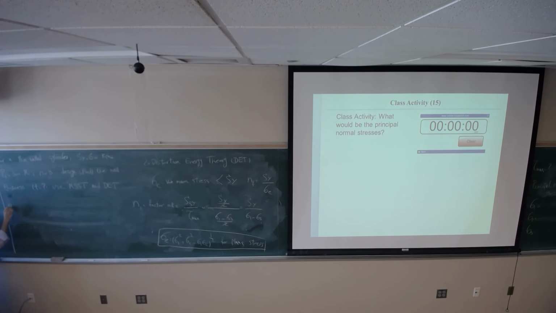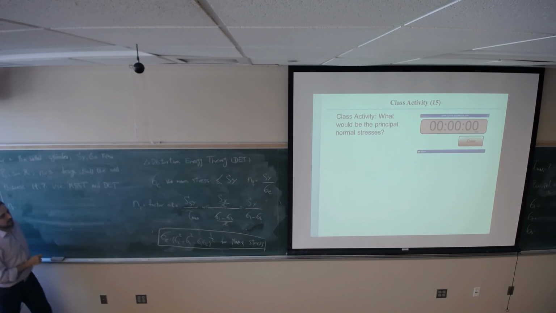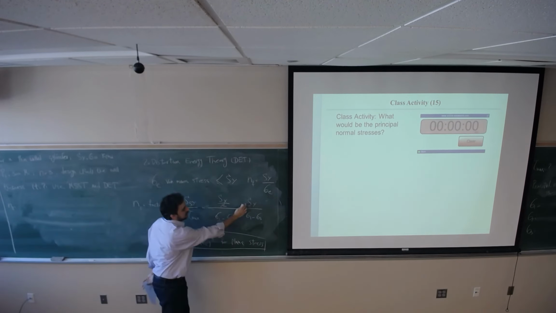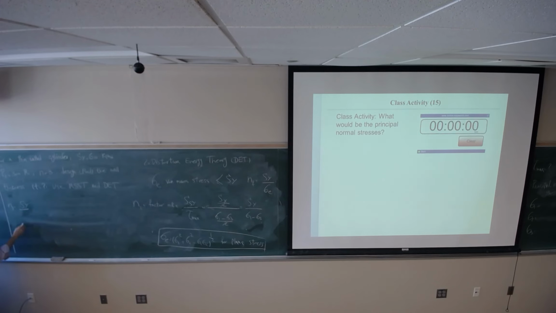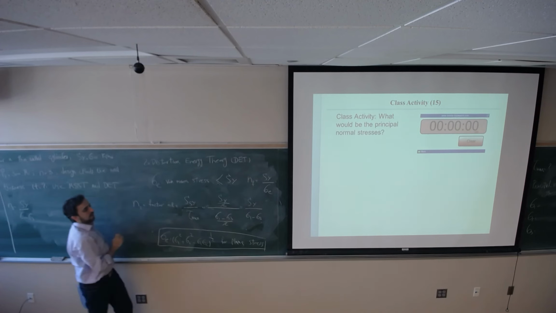Factor of safety is defined by Sy divided by sigma 1 minus sigma 3. This is how we define the NF.